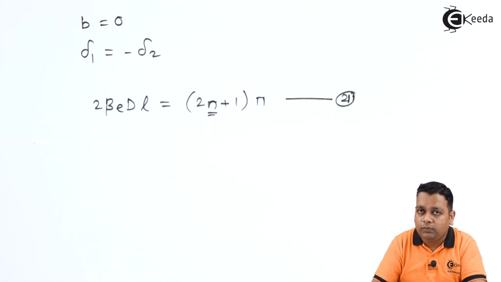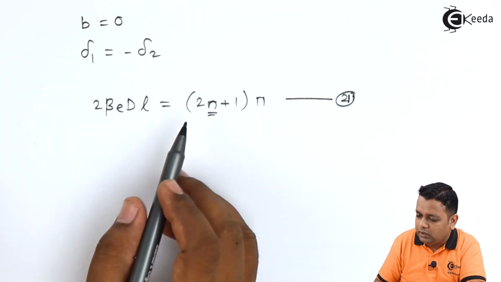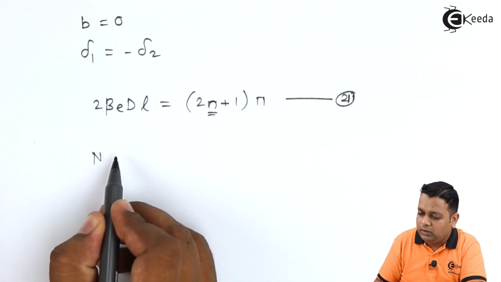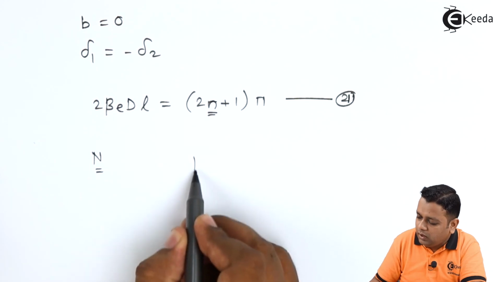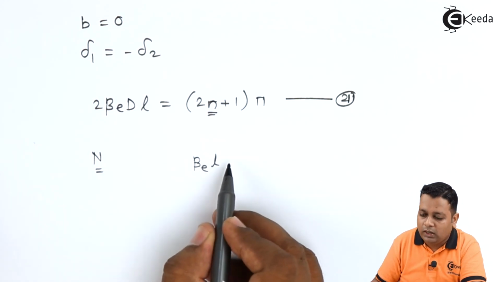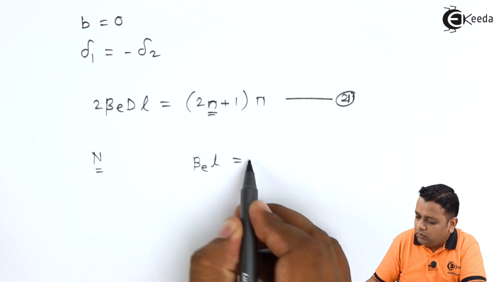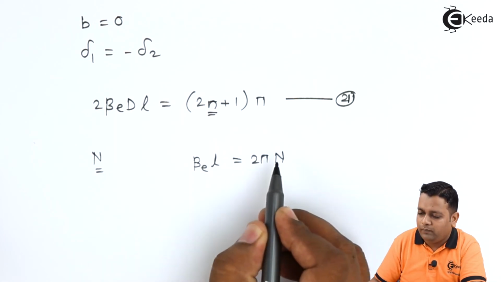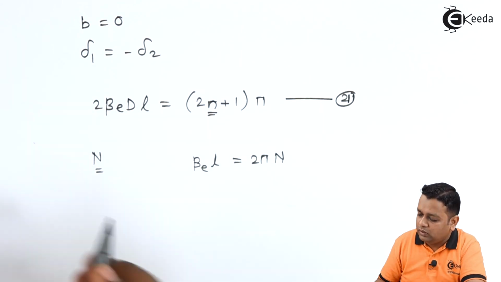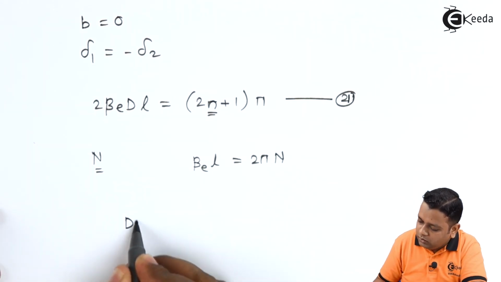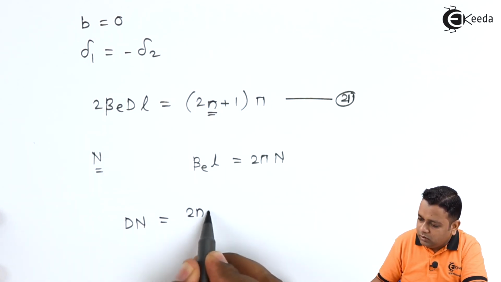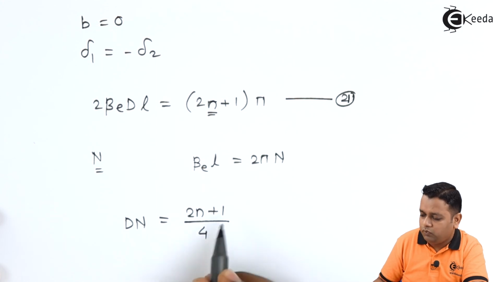So with the definition of small n being an integer, we can recall the definition of capital N. For capital N, we have the relation with respect to the phase shift constant beta suffix e into L given in the form 2 pi capital N. Therefore, the oscillation condition we express in the form capital D into capital N is equal to twice n plus 1 divided by 4.